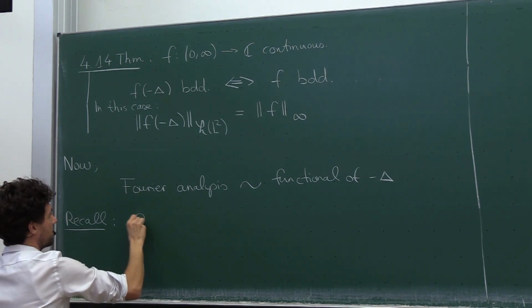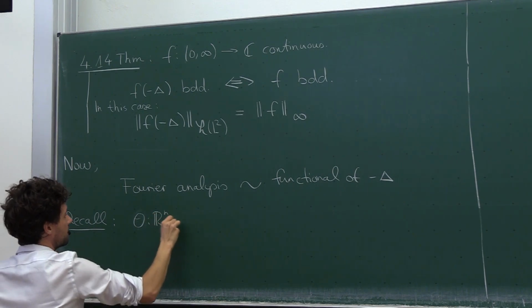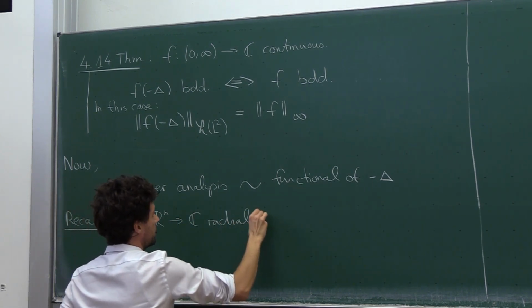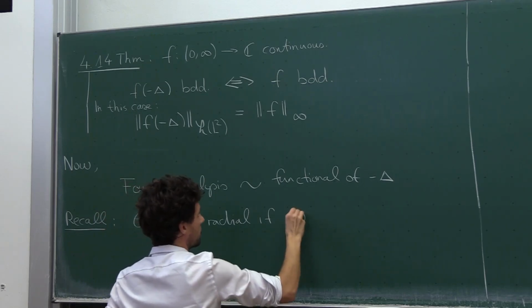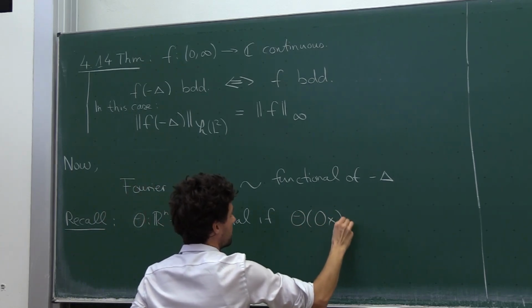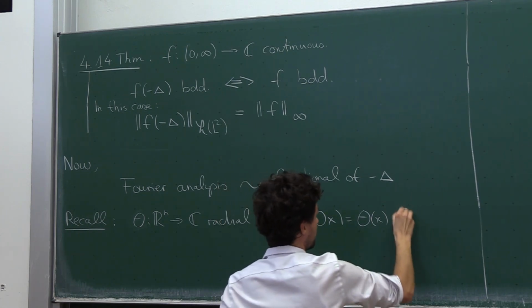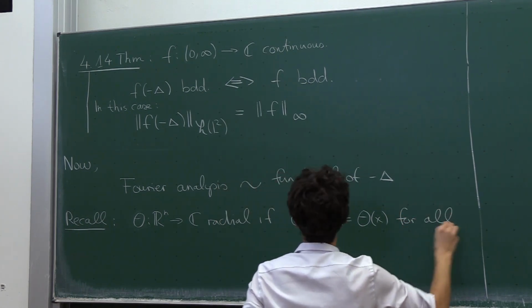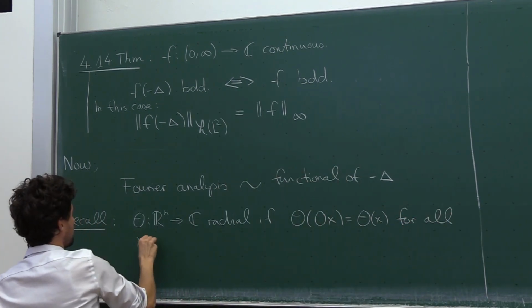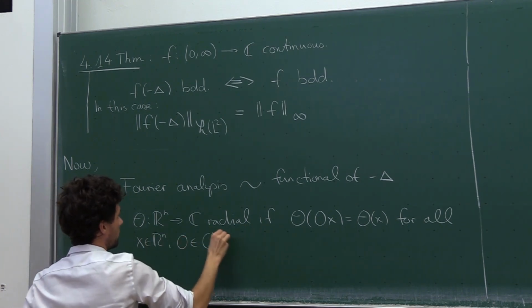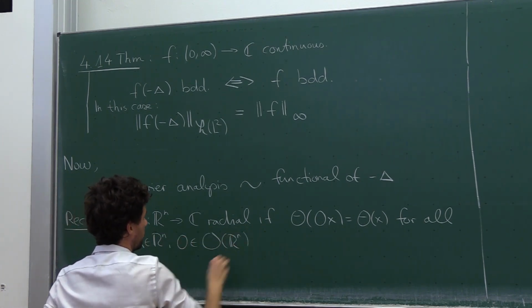Okay, so a function theta from Rn to C is called radial if it is invariant under all orthogonal transformations. So this is for all x in Rn and O in the orthogonal group on Rn.